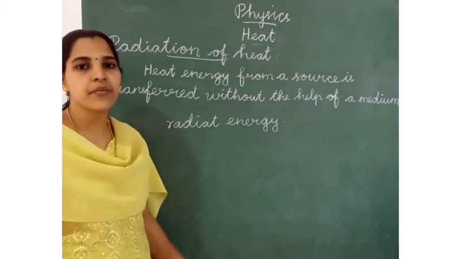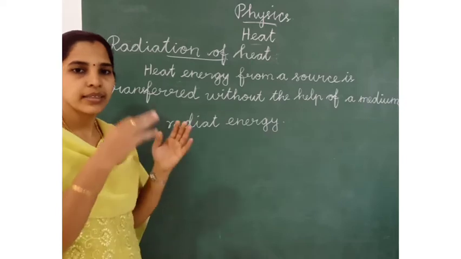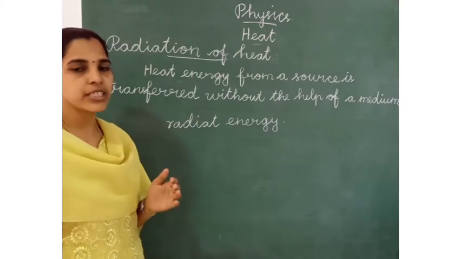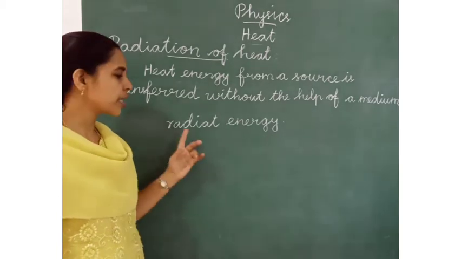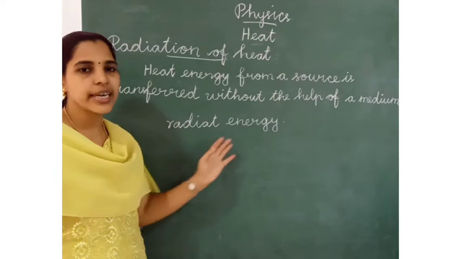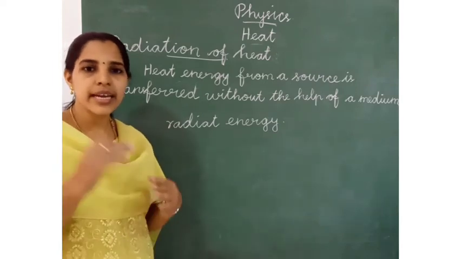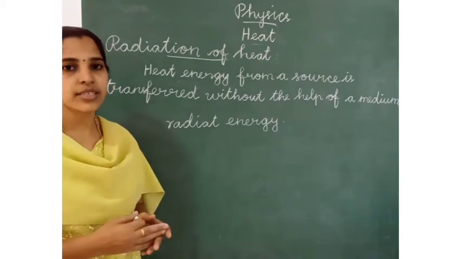Without any medium, we get heat energy from the sun. The sun transfers heat energy to the earth without any medium, so it is called radiation. Radiation occurs in all directions.